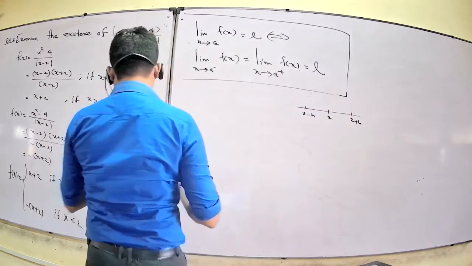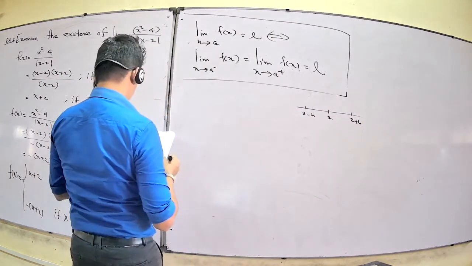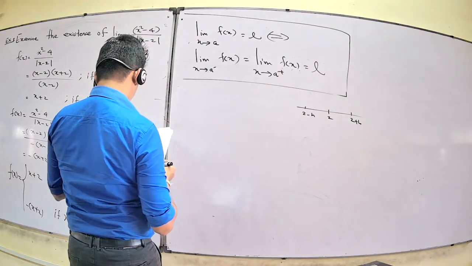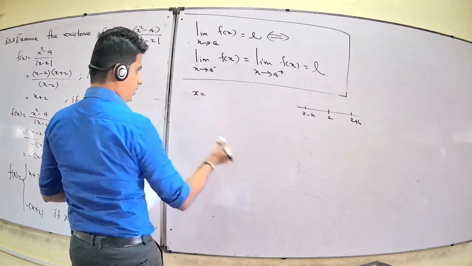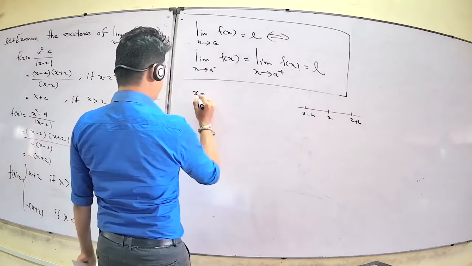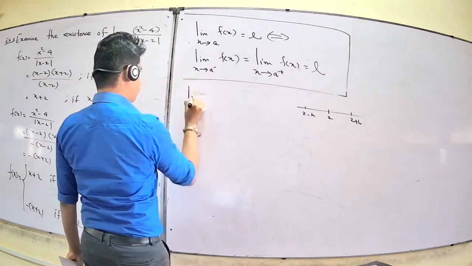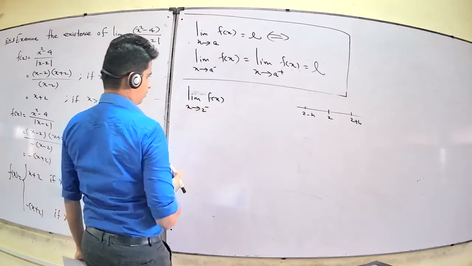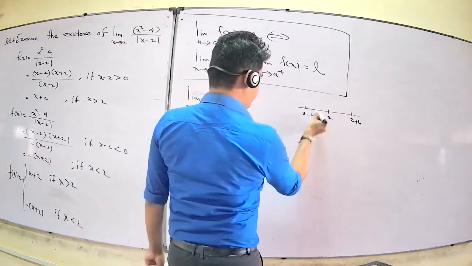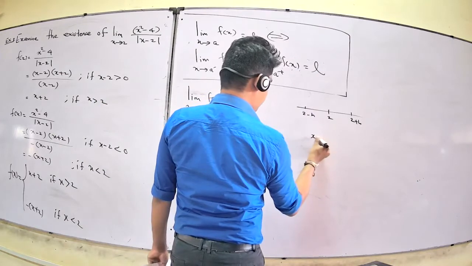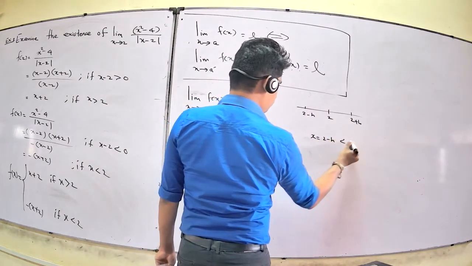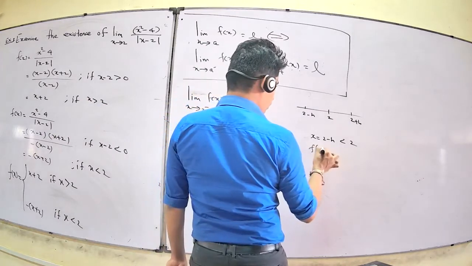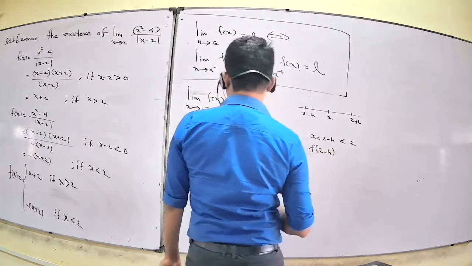Now for the left limit, you take x equal to 2 minus, limit of f of x as x tends to 2 minus. 2 minus means you can take any points here, x equal to 2 minus h. Obviously less than 2. Is it okay? Right? Now, what is your f of 2 minus h value?